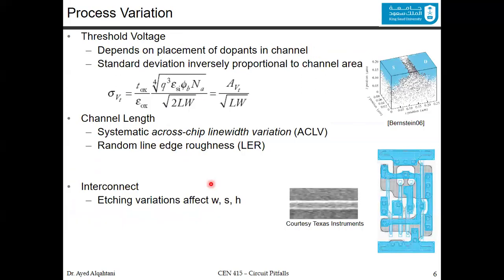Now, when we talk about the process variation, there are three main factors. The threshold voltage depends, as you can see here in this figure, on the placement of dopants in the channel. The standard deviation is inversely proportional to the channel area, as you can see here. This is the standard deviation, and the area is in the denominator.